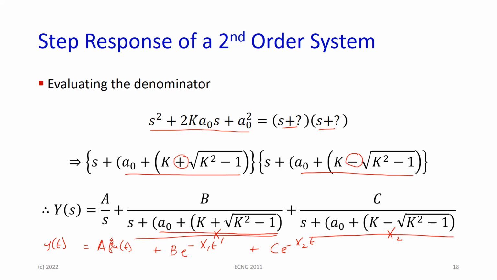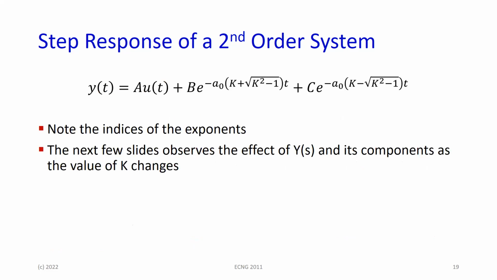So let's see now. We have it in that form. And so that's the answer, which is what I have here. So notice the indices of the components. This one is e to the minus x1 t and c e to the minus x2 t.